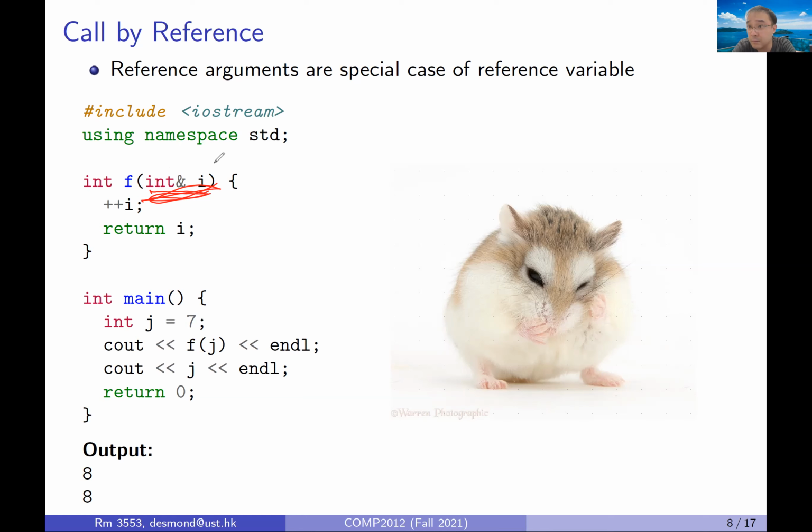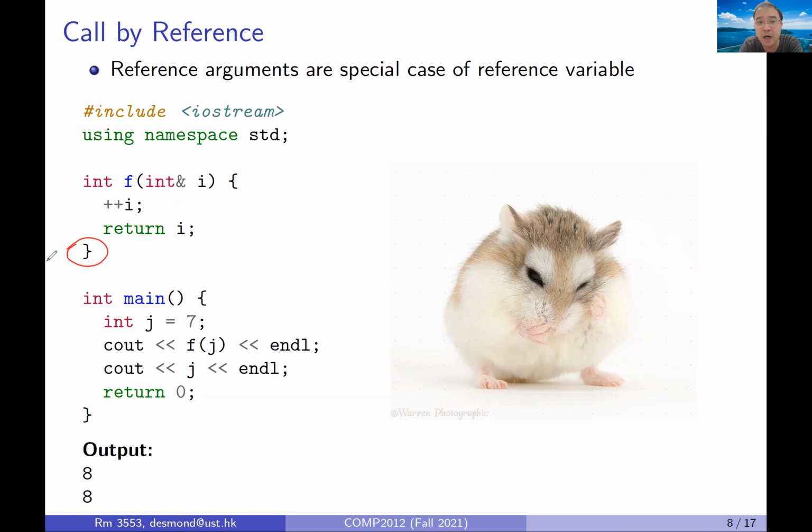Okay? Nothing wrong. Don't get me wrong. I put in an int reference i. It doesn't mean that I define the nickname i already. The nickname would only be defined if you call the function and pass this guy a variable. Okay? Yes or no? And I want to remind you one more thing, everyone.